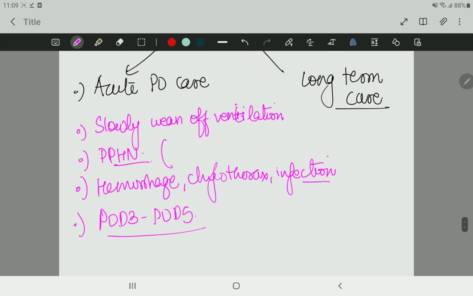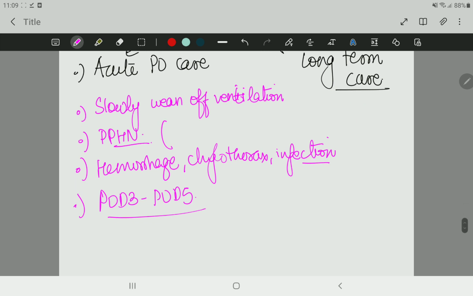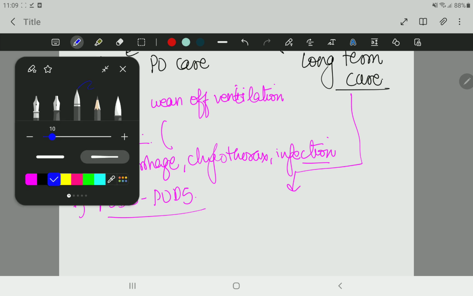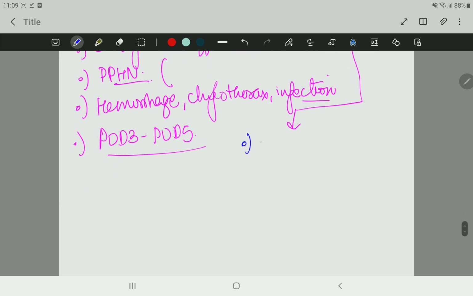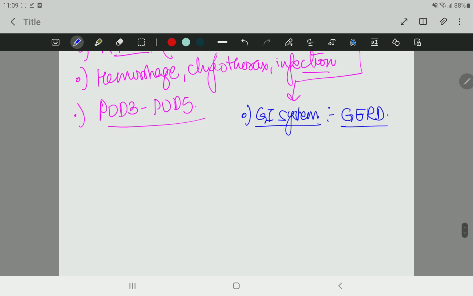The long-term care one can look at system-wise. The first is the gastrointestinal system. The most common symptom within the first year of life after CDH repair is GERD, the cause of readmissions. If it is a graft or Gore-Tex placement, then there are chances of CDH recurrence, poor growth, and obstruction.